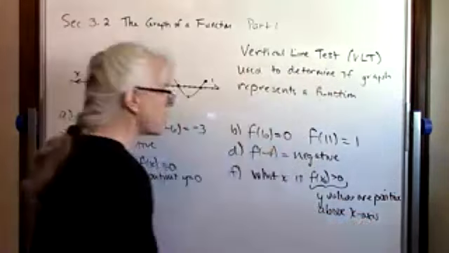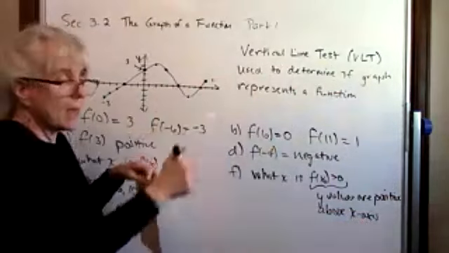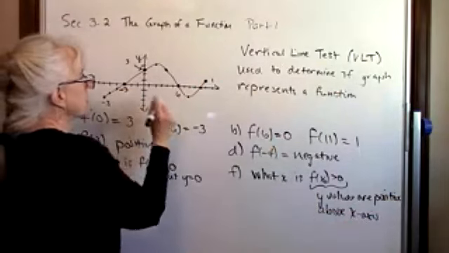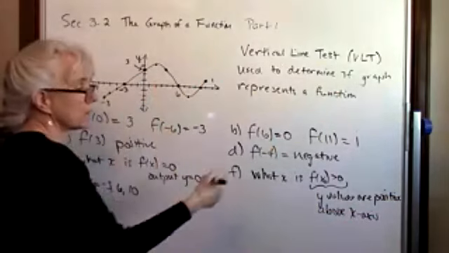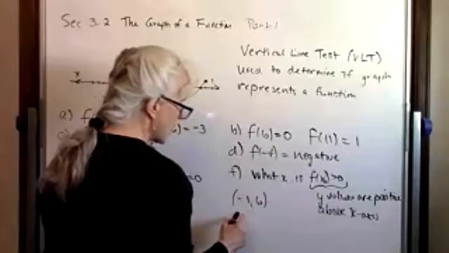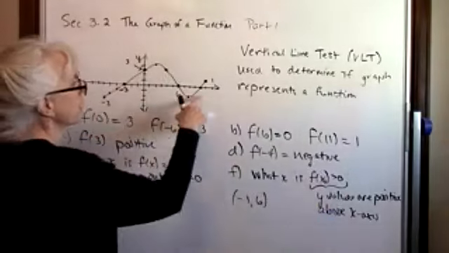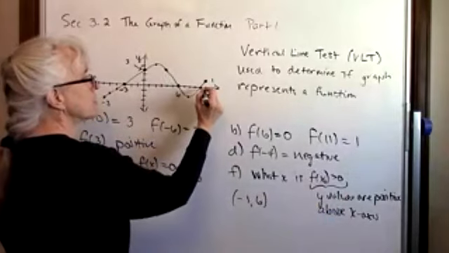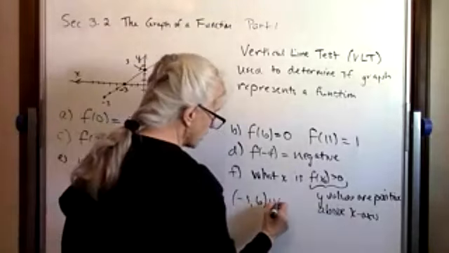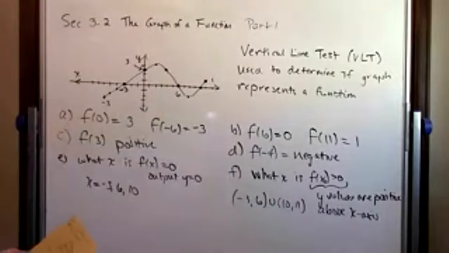In other words, it's positive anytime we're up top. Where is this thing above the x-axis? Starting over here at negative 3 and moving to 6, all of those values are positive y values. So we're going to go from negative 3 to 6. I'm going to use parentheses because of that greater than. Okay, what about this guy? Isn't this also above? So we're also above the x-axis from 10 to 11. So we're going to have union 10 to 11.